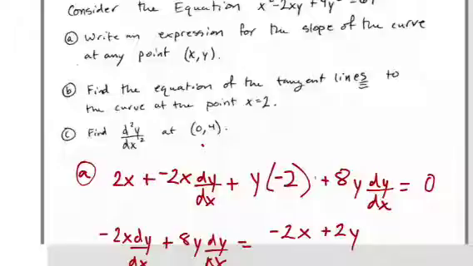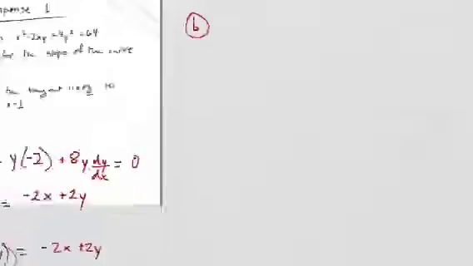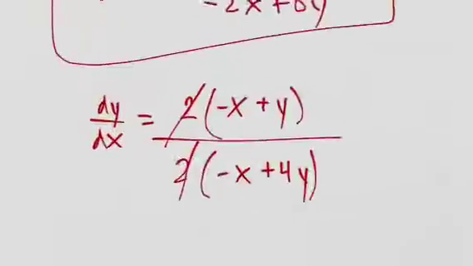Part B says find an equation of the tangent lines to the curve at x equals 2. Okay, find an equation. So for part B, I already have a formula for my slope. I'm going to need to use y minus y1 equals m times (x minus x1).